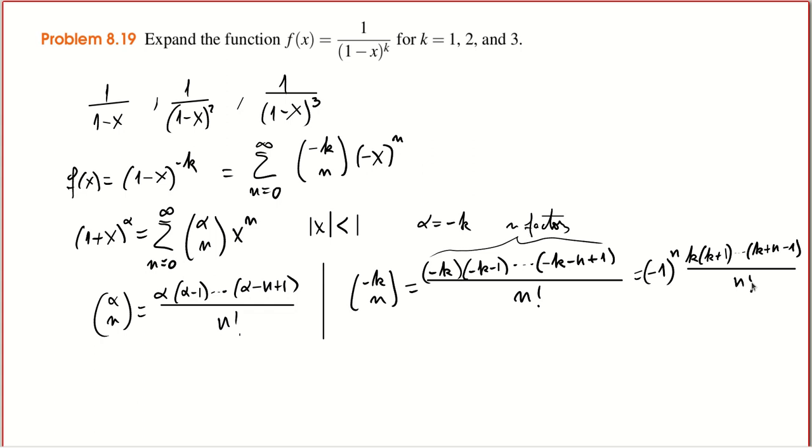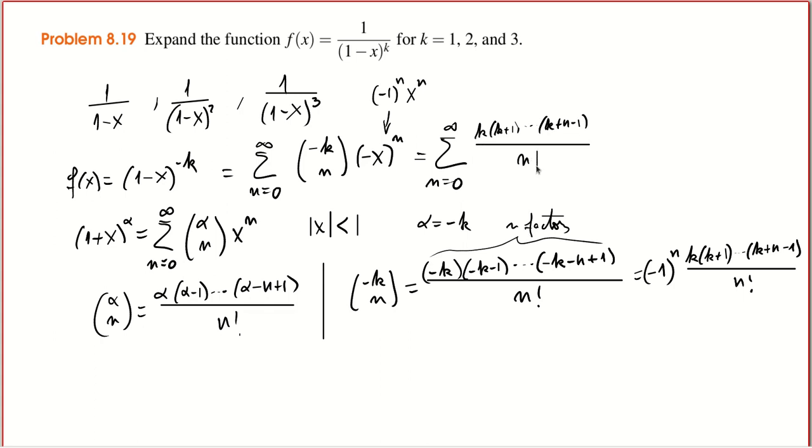Now, this is the expression that we have here. And if we want to put it here, remember that you have minus x to the n, and minus x to the n is minus 1 to the n times x to the n. So this is equal to the sum from 0 to infinity of this number, which is k, k plus 1, etc., k plus n minus 1, divided by n factorial.